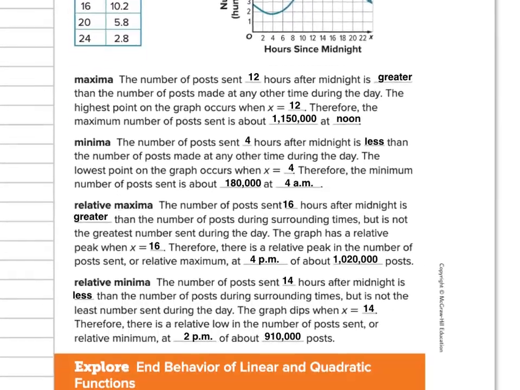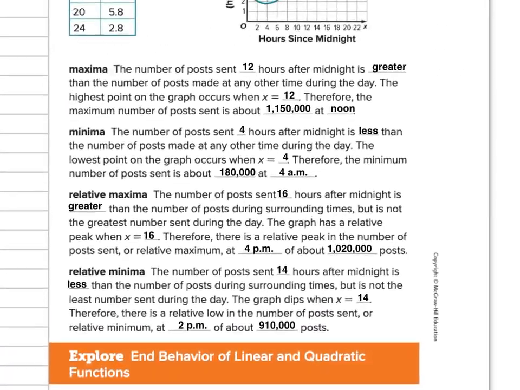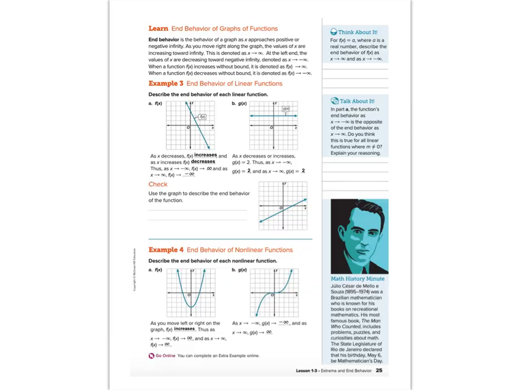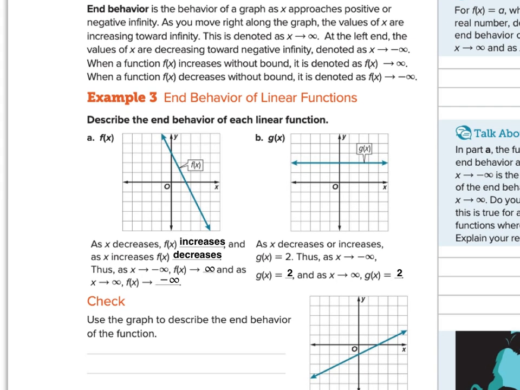So with that, exploring the end behavior now of these functions. The end behavior is the behavior of a graph as x approaches positive or negative infinity. So as x approaches, this is my negative infinity, this is my positive infinity.